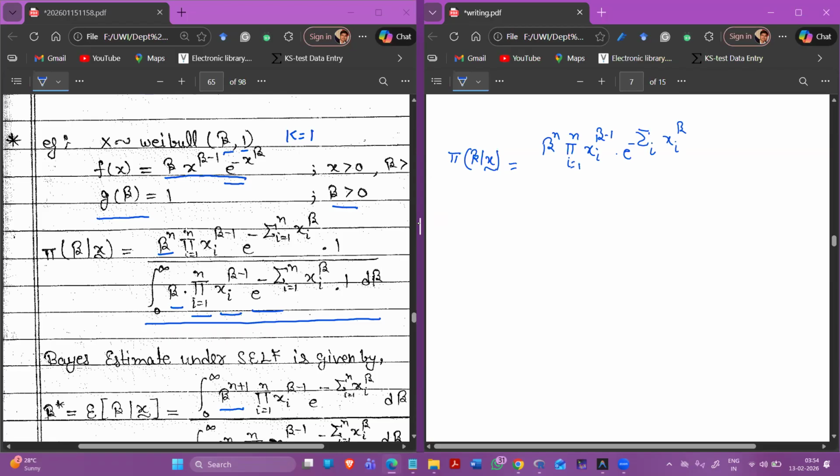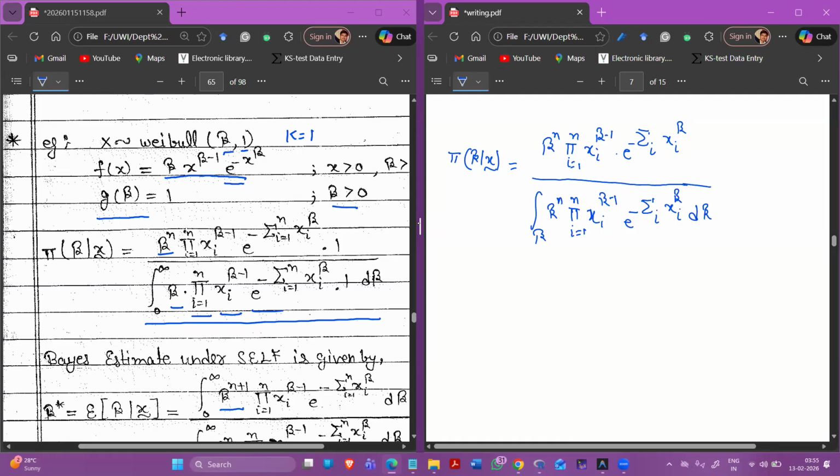Because you need to multiply by 1, I am not going to write it, as it will not impact anything. So now the integral over the range of beta, beta raised to the power n, product of i goes from 1 to n, xi raised to the power beta minus 1, e raised to the power minus summation over i of xi raised to the power beta, d beta.